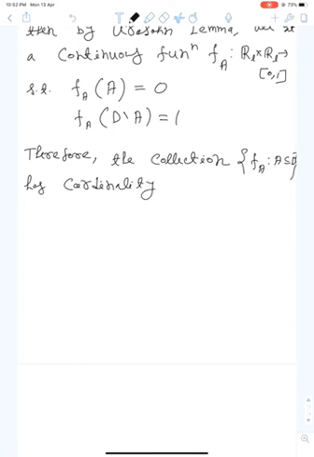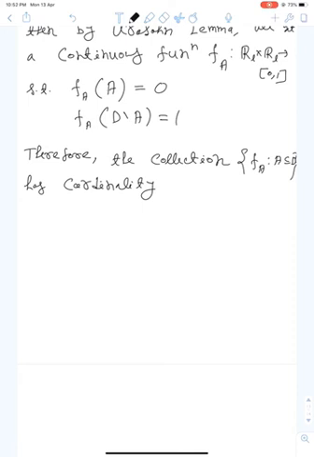What is the cardinality of this one? It has the same cardinality as the power set of D, right? Because we have that many different functions, as many as we have subsets of D. And what is my D?